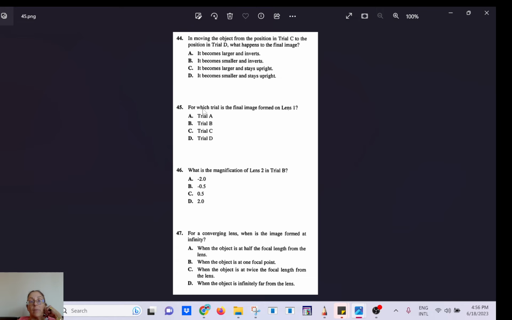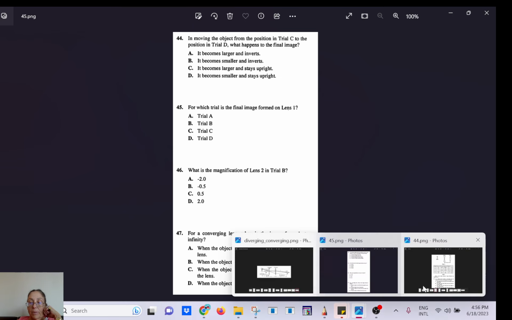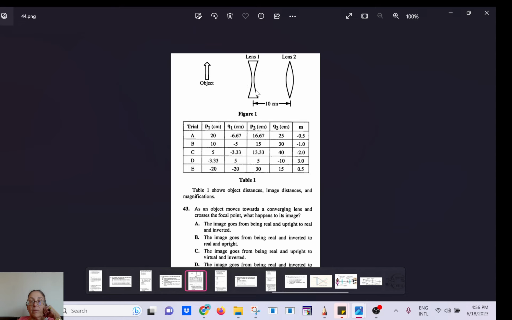Which trial forms the final image on lens 1? It means you want the final image to be here. So relative to lens 2, you want the image to be at -10 relative to lens 2.